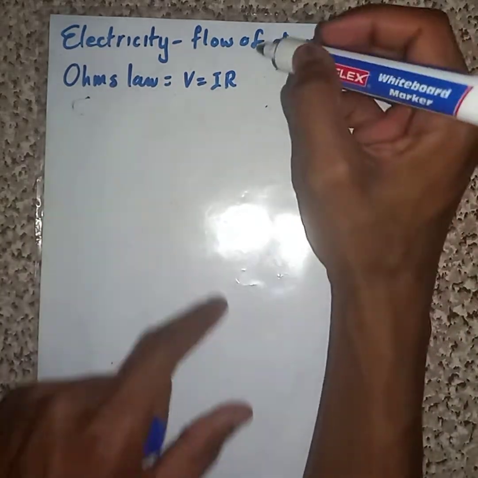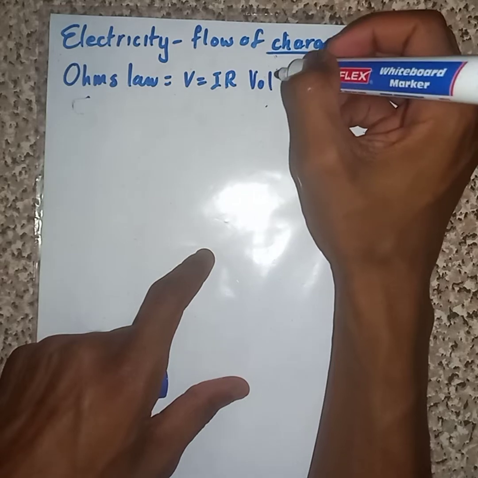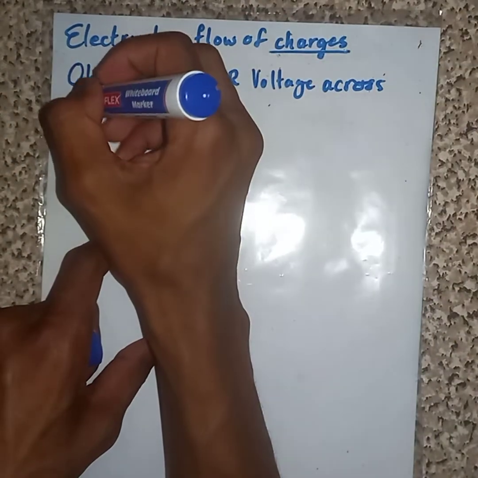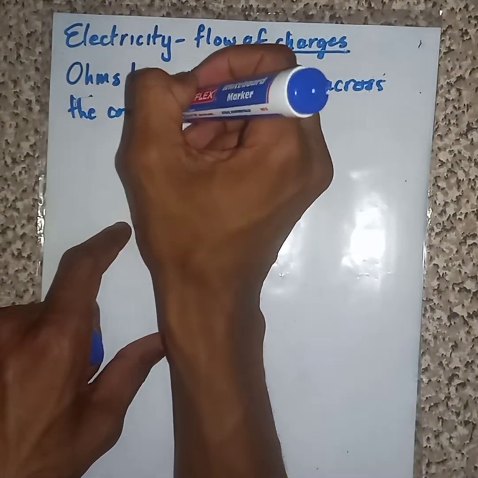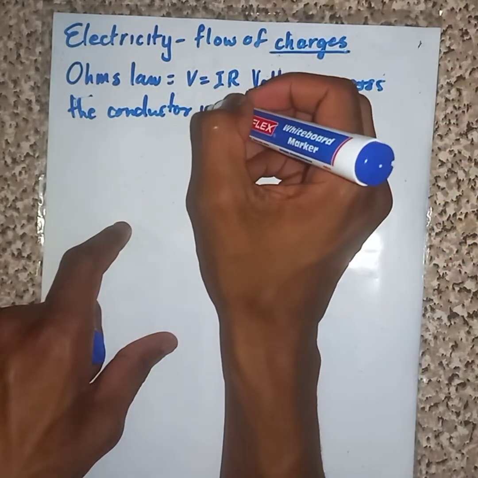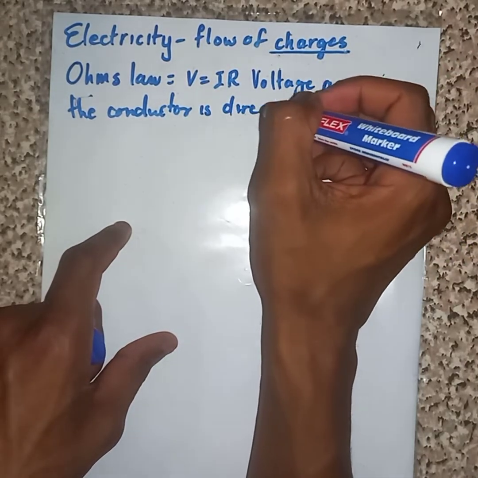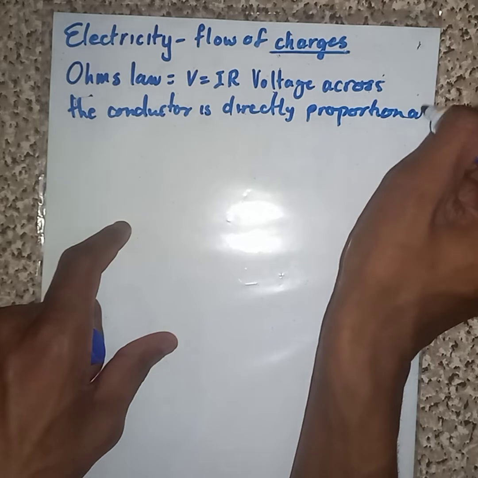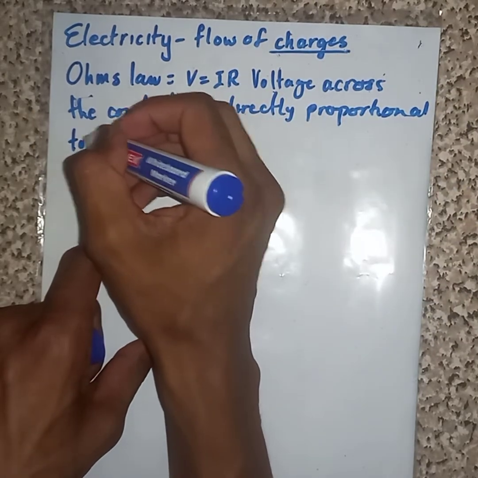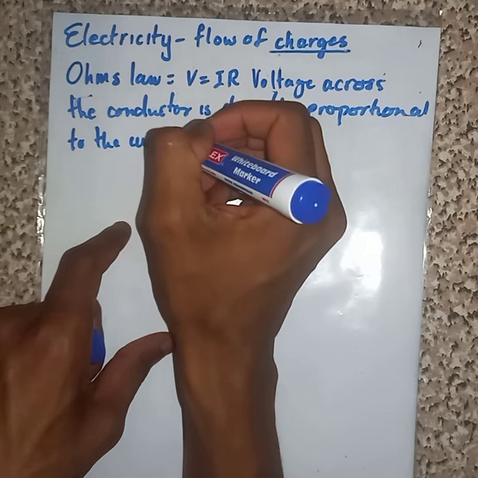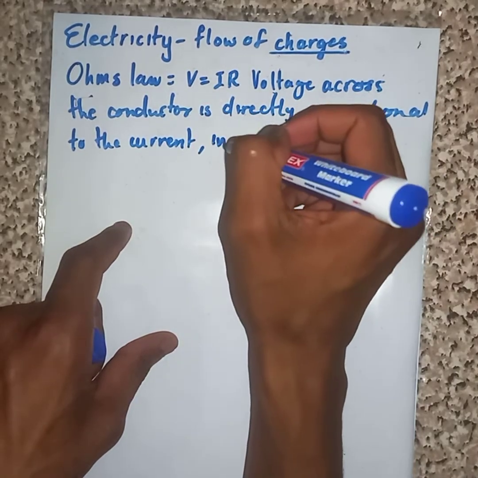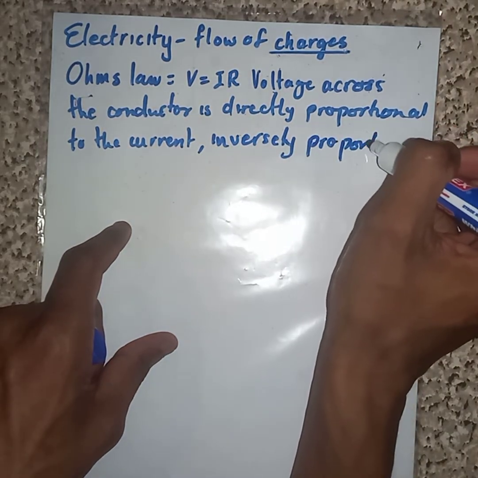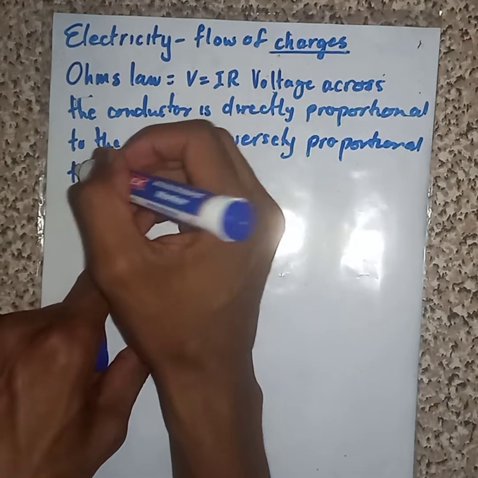It states that the voltage across the conductor is directly proportional to the current, but inversely proportional to the resistance.